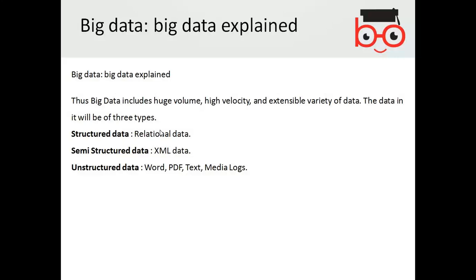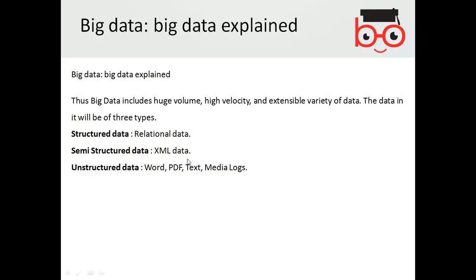Relational data could be stored in tables, and semi-structured data could be stored as XML data. XML data is a kind of data structure in the form of a tree, and unstructured data is normally Word, PDF, text, media, logos, etc.